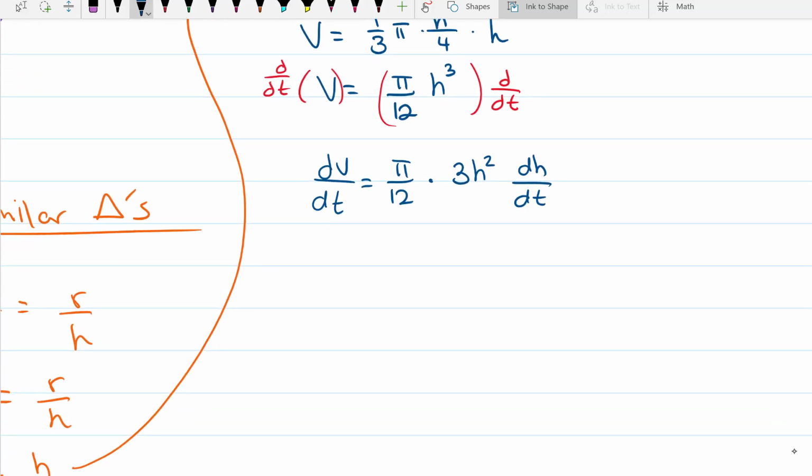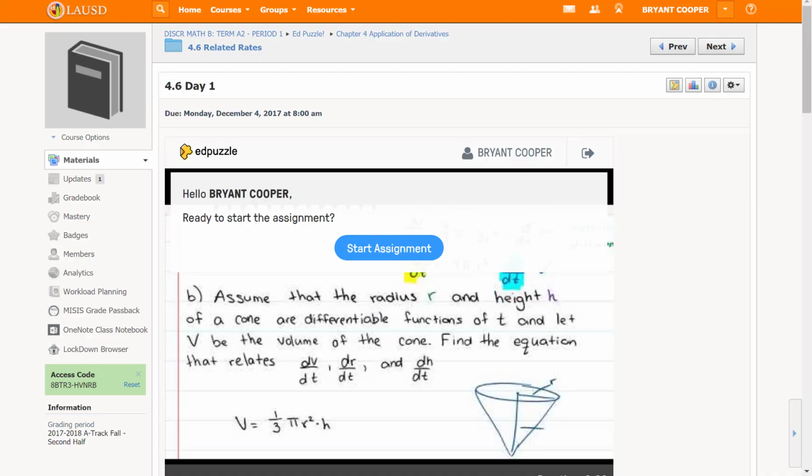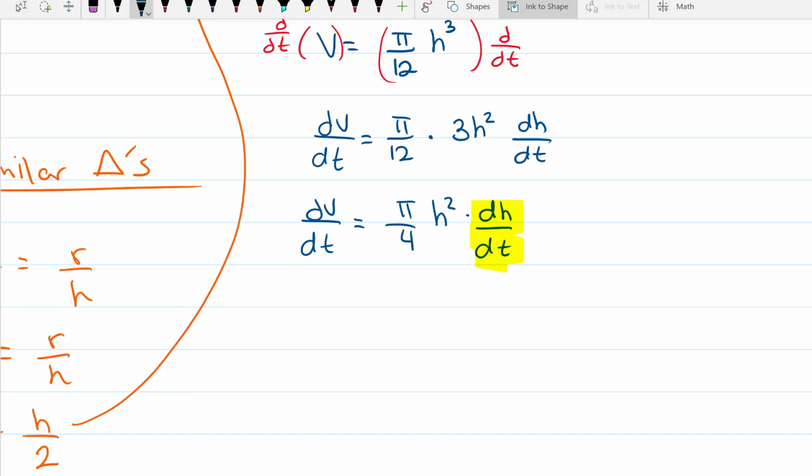From here I'm going to do a little simplifying. dV/dt is equal to pi over 4 h squared times dh/dt. Now remember, this is what I'm looking for. So I'm going to go ahead and plug in the values I know. I know that the water is increasing at 9 cubic feet per minute. So I get that 9 is equal to pi over 4, I want it when the height is 6, so 6 squared, dh/dt.